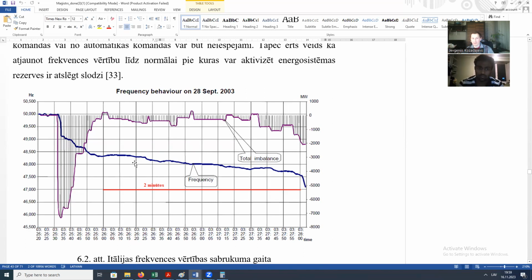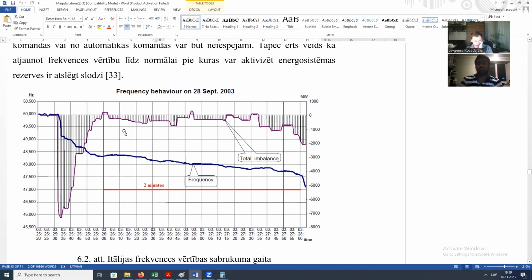The main idea was that at this point, when we got the system in balance, we stopped disconnecting consumers, with an idea to increase frequency very quickly to keep all the generators in operation.